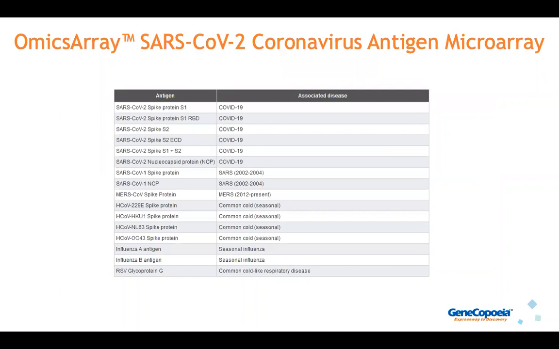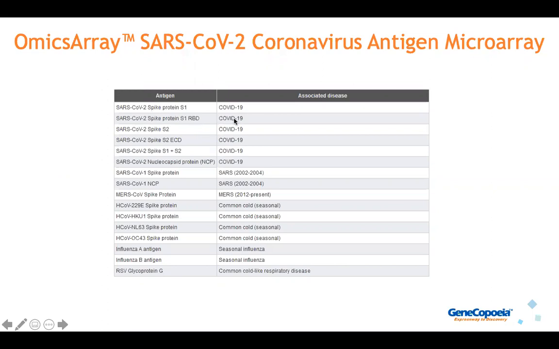So the COVID-19 coronavirus antigen microarray contains 16 proteins spotted on nitrocellulose filters. Several of these are SARS-CoV-2 proteins, such as spike protein S1, which is a highly variable region of the spike protein, as well as the receptor binding domain.